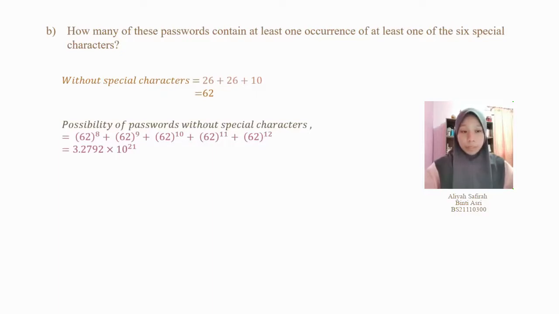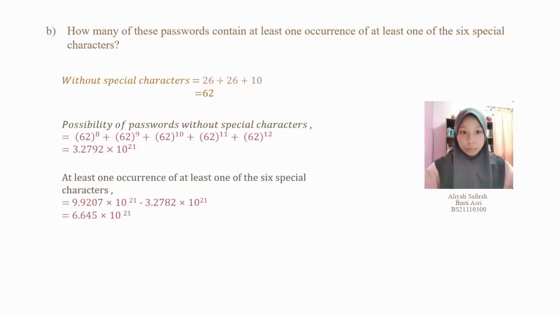So for at least one occurrence of a special character, we take 9.9207 multiplied by 10 to the power of 21 minus 3.2792 multiplied by 10 to the power of 21, and we get 6.645 multiplied by 10 to the power of 21.